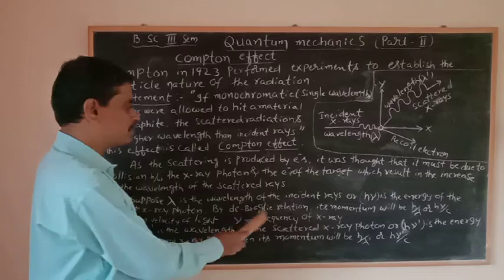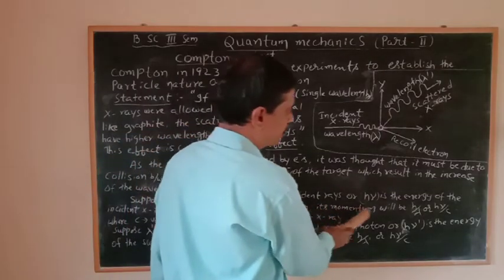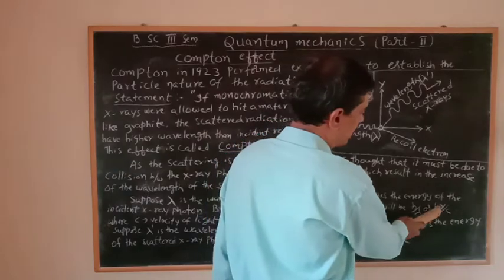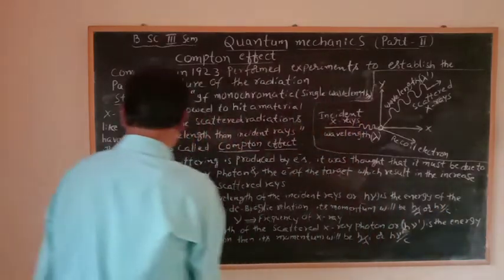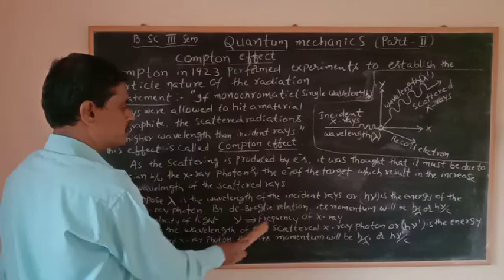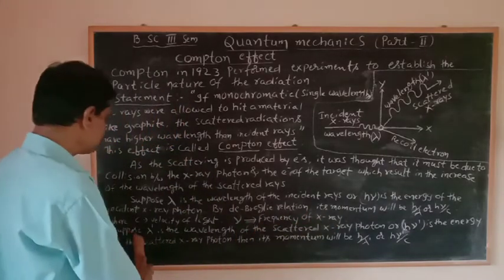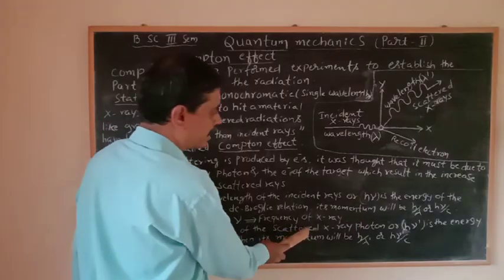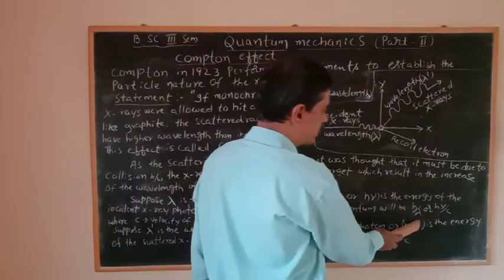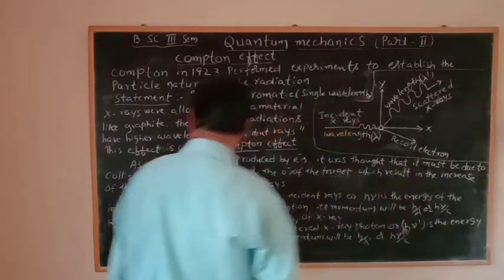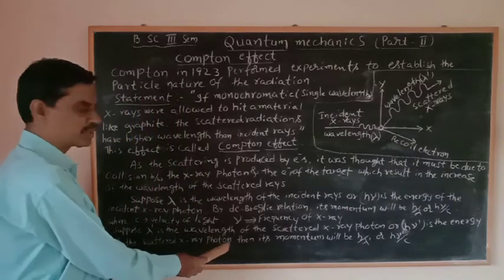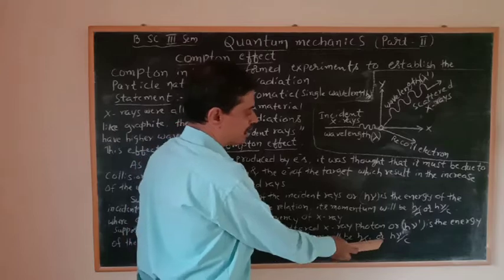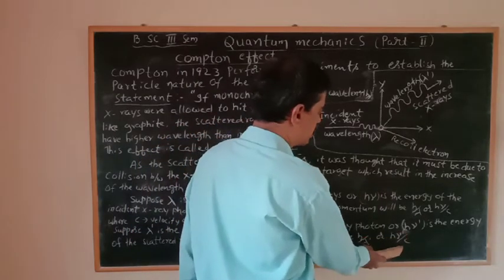Then by the de Broglie relation its momentum, mass into velocity, is equal to h by lambda, or h nu by c, where c is the velocity of light and nu is the frequency of the X-ray. Suppose lambda dash is the wavelength of the scattered photon, or h nu dash is its energy, then its momentum will be h by lambda dash, or h nu dash by c, according to de Broglie.